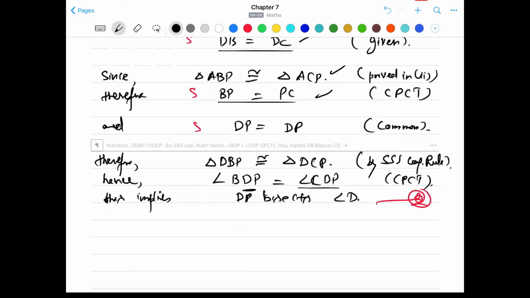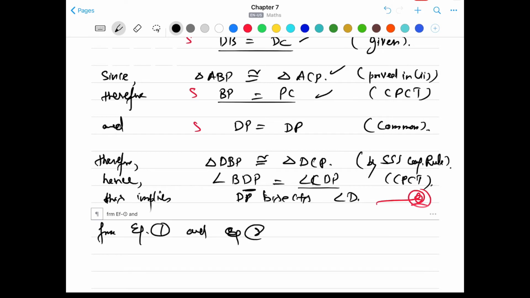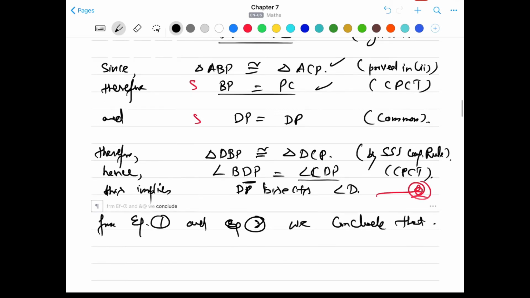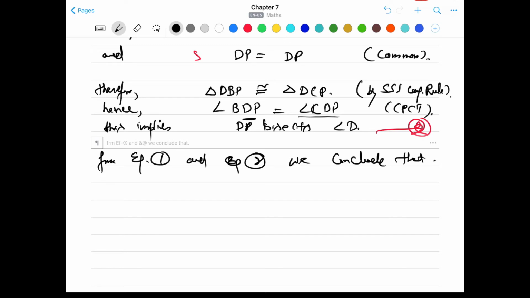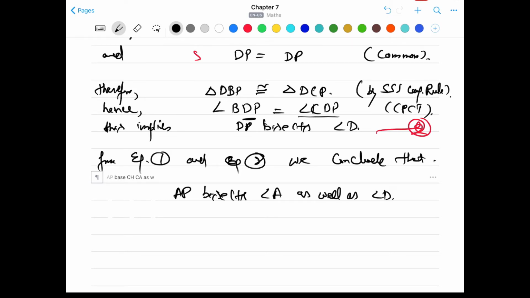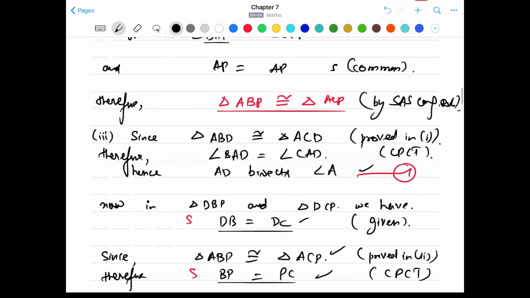From equation 1 and equation 2 we conclude that AP bisects angle A as well as angle D. Okay, that's what we were asked to prove in part 3.